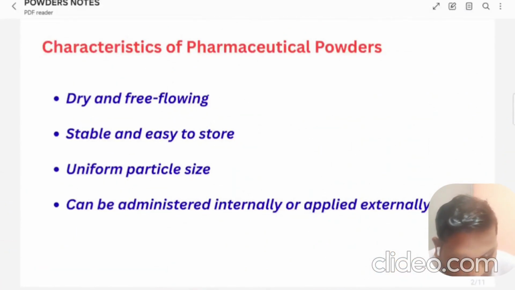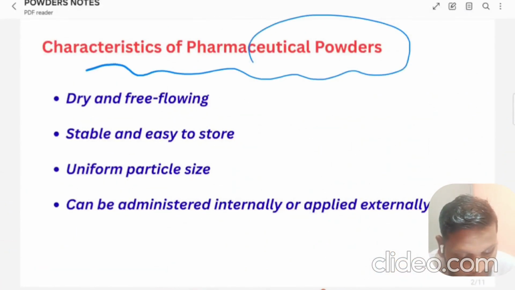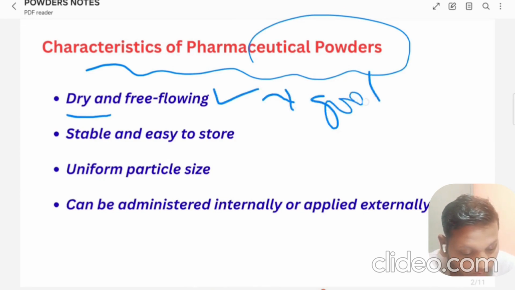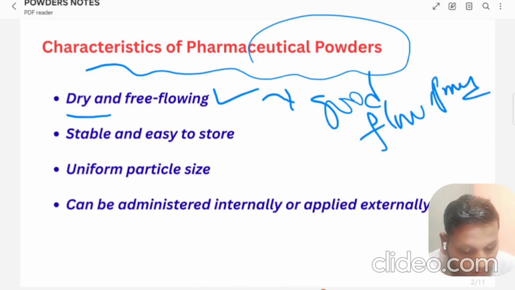Now, what are the basic characteristics of pharmaceutical powders? The first one is they are dry in form and free flowing, meaning they have good flow properties. The second is they should be stable and easy to handle and store.